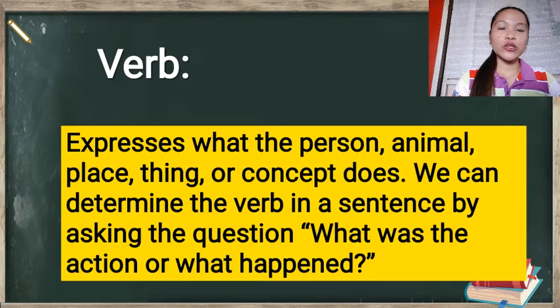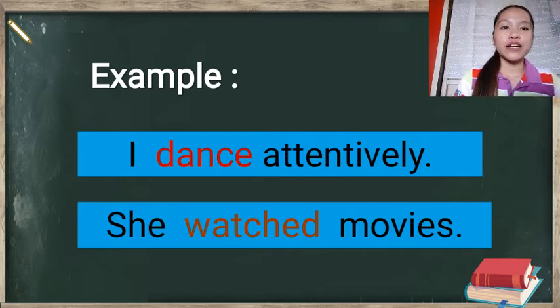So let's proceed to the verb. A verb expresses what the person, animal, place, thing, or concept does. We can determine the verb in a sentence by asking the question, what was the action or what happened? We have here an example. The first one is I dance attentively.